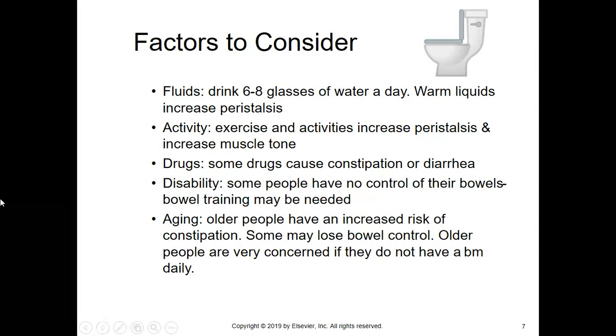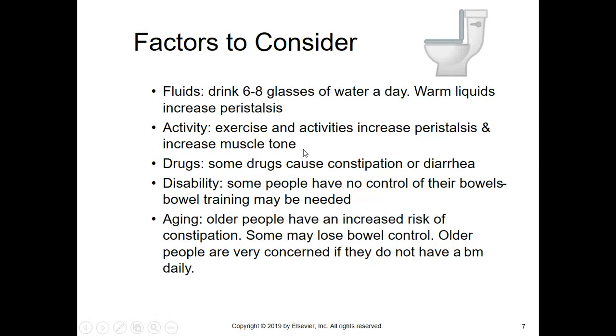So again, this word peristalsis is the movements of the fecal matter through the intestines. So we want the poop to get moving. So sometimes we'll offer warm liquids because they seem to stimulate the movement more than cold liquids. Okay, so like hot tea, coffee, prune juice warmed up is a really good one.